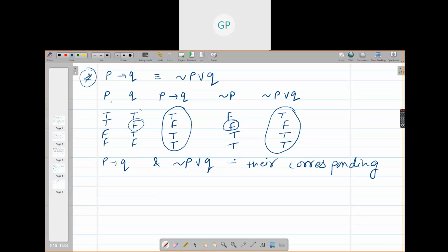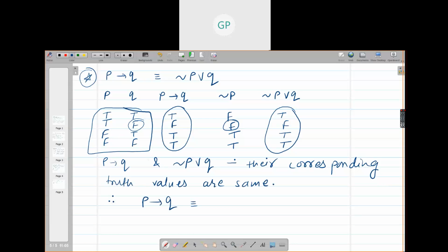When you consider this standard pattern, corresponding truth values are same. And therefore, P implies Q is logically equivalent to negation P or Q. Will you remember this result? This is a very, very standard and important result.